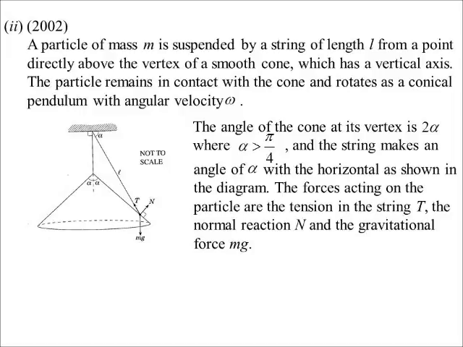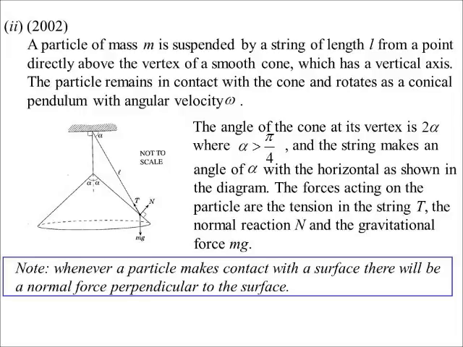And they've told us about all the forces that are acting on the particle. String, tension. Force due to gravity, mg. And there's this other thing, N. Go right back to when I first started talking about Newton's laws, and remember me standing here, but not crushing through the floor. Whenever you're making contact with a surface, there is a reaction force, sometimes called a normal force, from the surface to you.